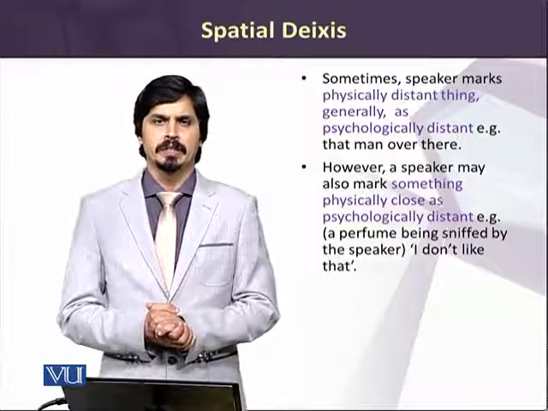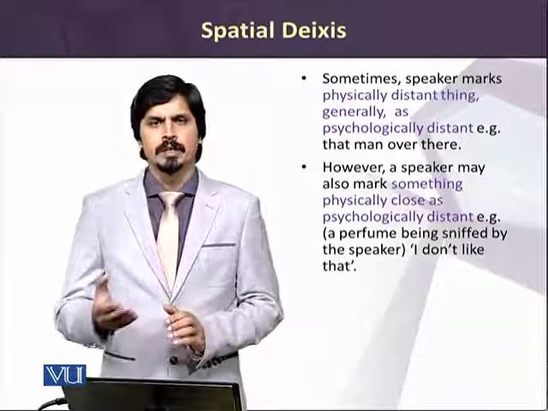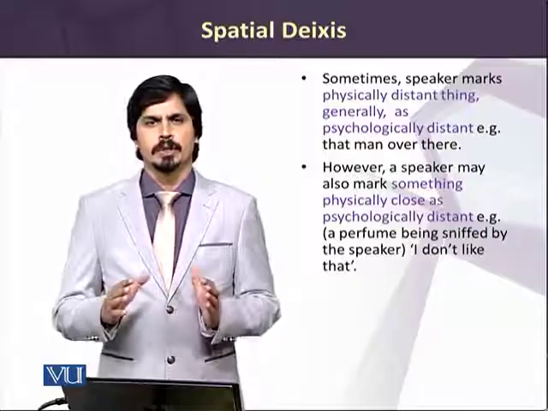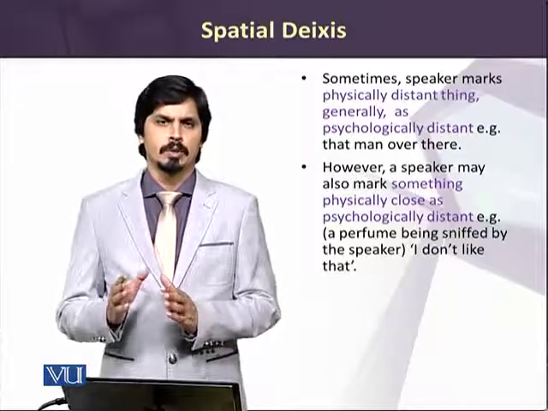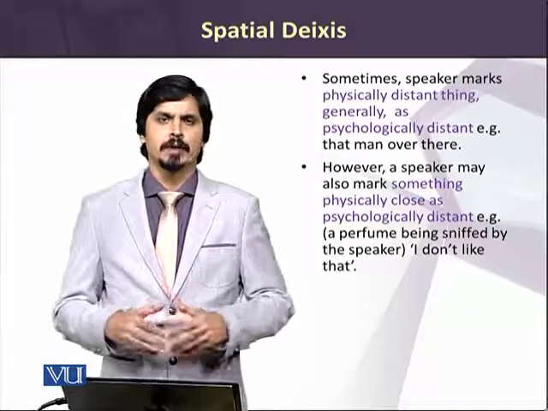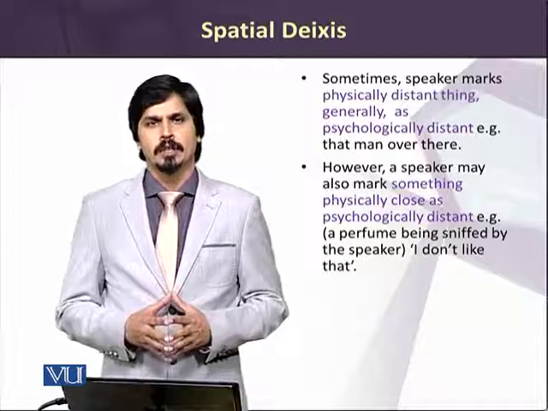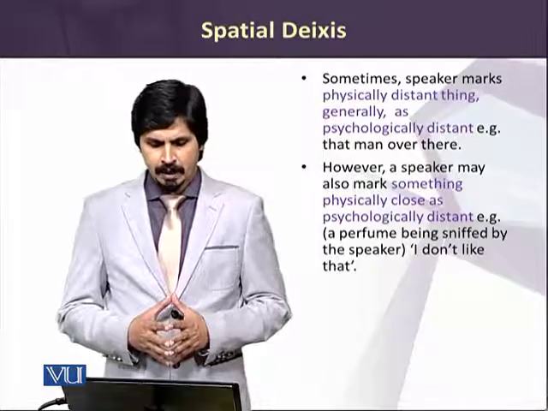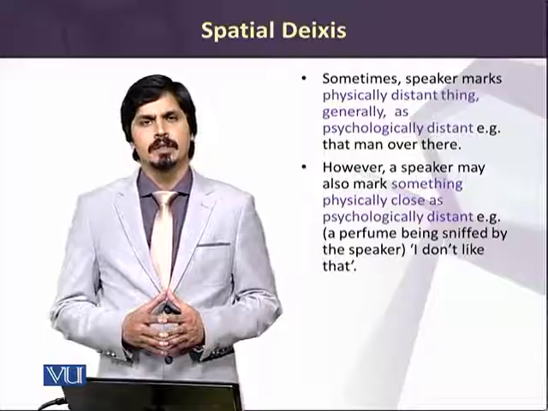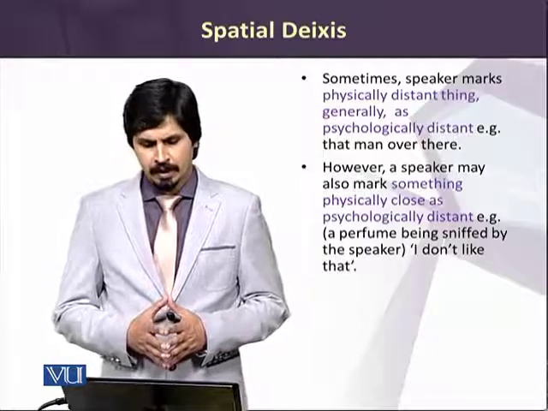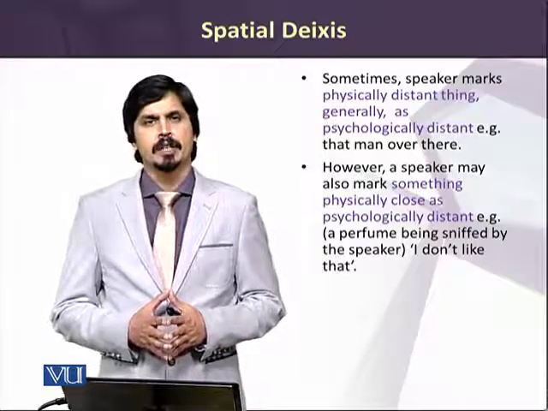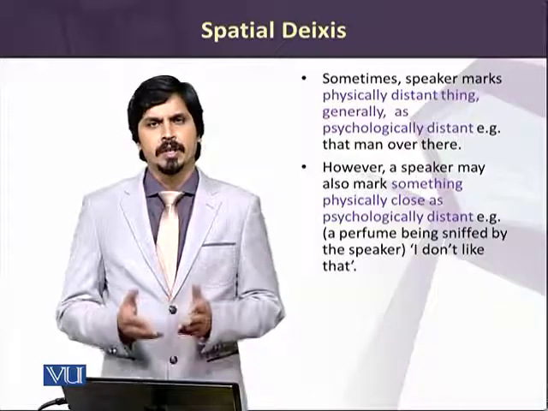For example, in sentences like the man over there, the man is not only at a physical distance but also at a psychological distance from the speaker. But sometimes something physically close may be seen as psychologically distant.